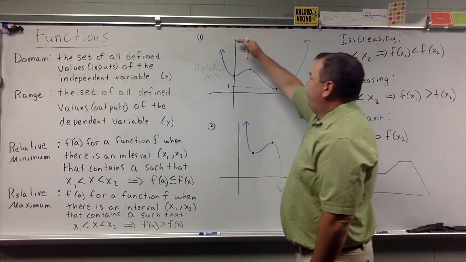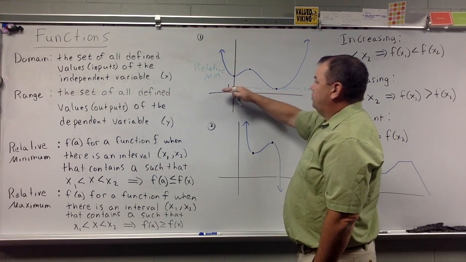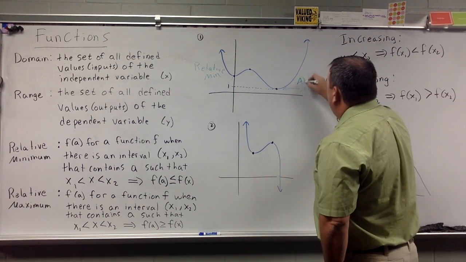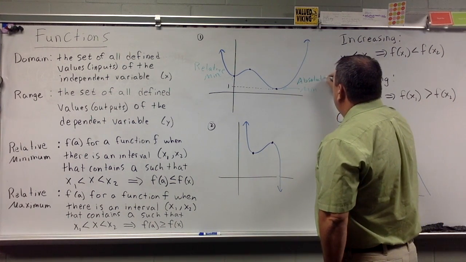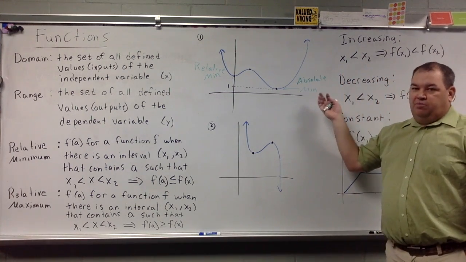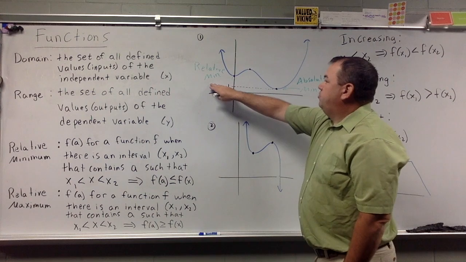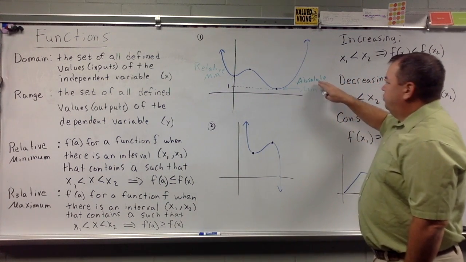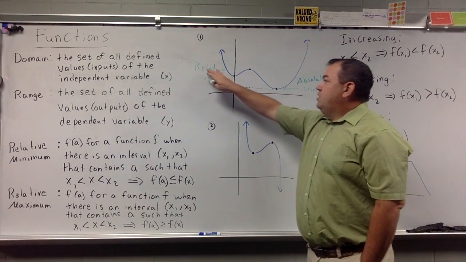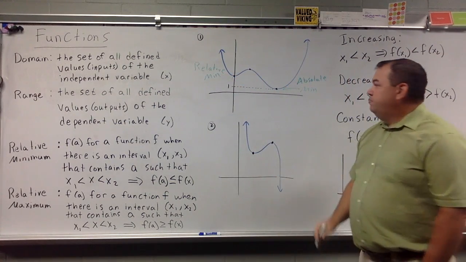If I'm looking at y values, this is the lowest point we ever get to. So we refer to this as an absolute minimum. Some books just refer to it as the minimum, and this as the relative minimum, but I think it's easier to put the title absolute on here, so this is the absolute minimum, this is just a relative minimum.